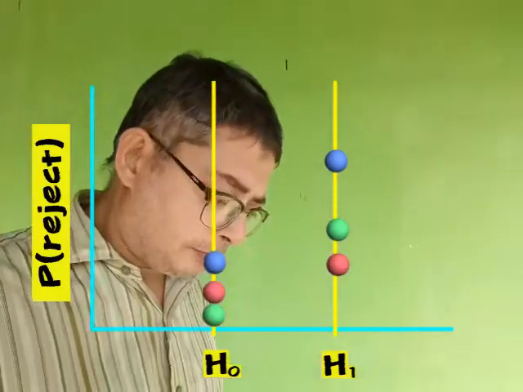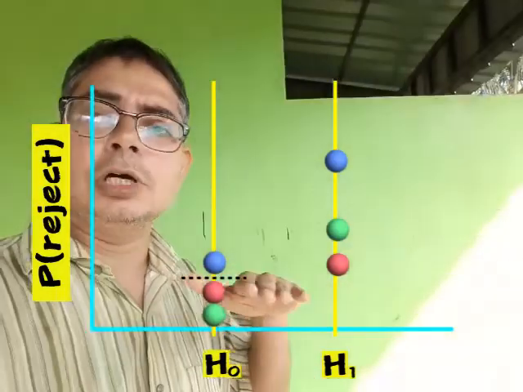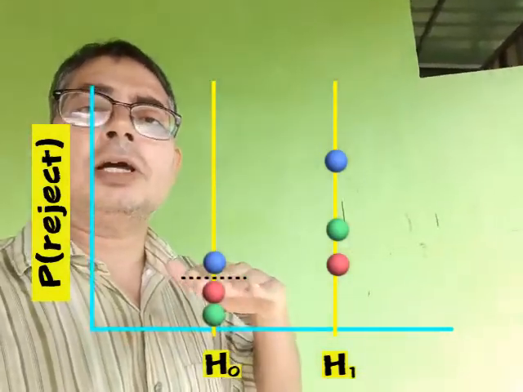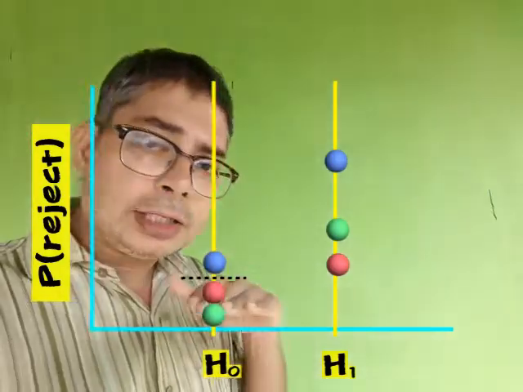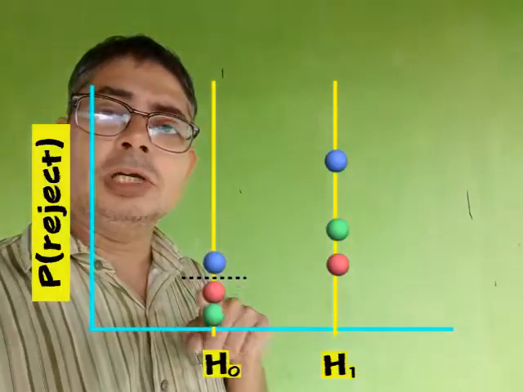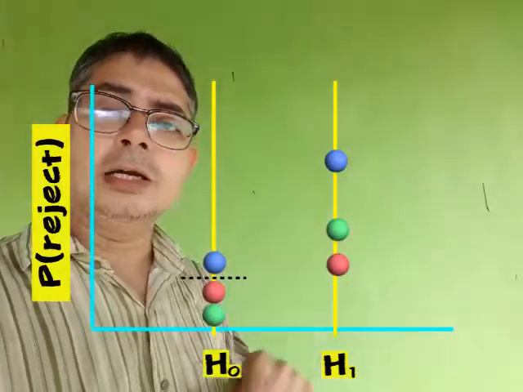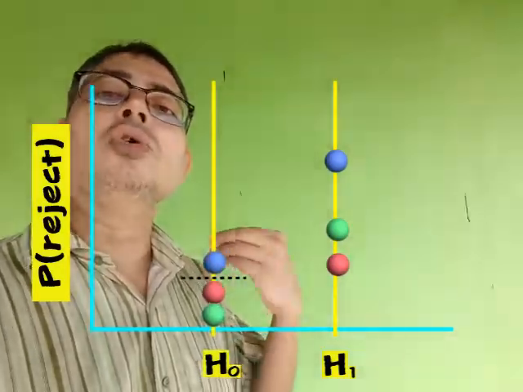The way Neyman Pearson suggested that we solve the problem is by putting an upper bound on the probability of type 1 error. That is, we put a line like this, and we consider only the tests that fall below this line. Remember, the line is only for H0, not on this line. So in this case, the blue test is automatically ruled out.